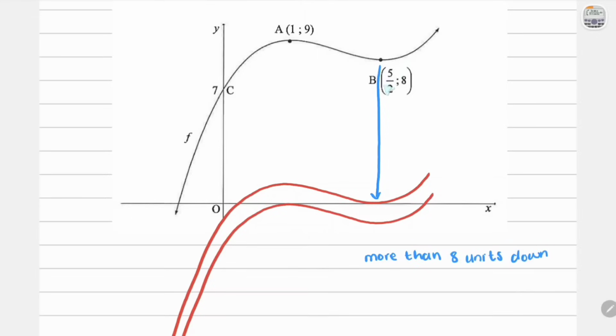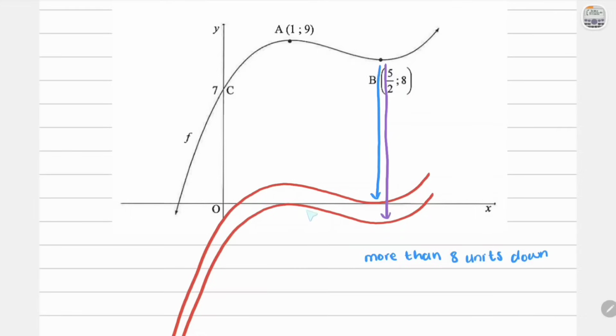But then we can't just keep moving it more than 8 units down. We need to stop at some point. So move it more than 8 units down, but no more than how many units down? How did we get to this point over here? Because after this, it will no longer have 3 x-intercepts. And of course, at this point, it has 2 x-intercepts. So no more than how many units down?